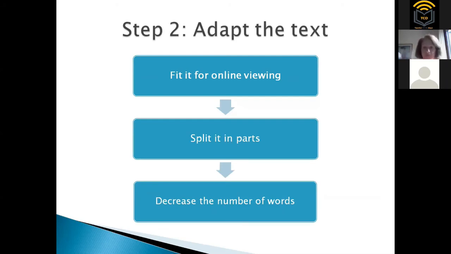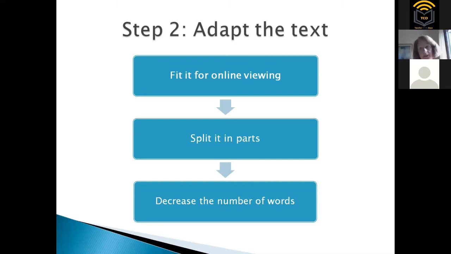First of all, don't forget online viewing, the reading from the screen. So definitely you have to fit it. As we said, screen by screen, paragraphs should not be going on from one screen to the next. It should be presented as a whole. So in order to be able to do that, you've got to split it in logical parts.